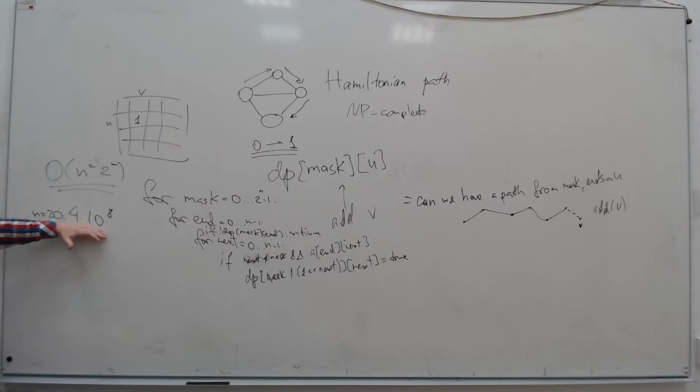And this total number of operations typically fits in 2 seconds. But in general, you shouldn't take n too big, because n equal to 30 will probably be much more than you expect to calculate in a reasonable time.